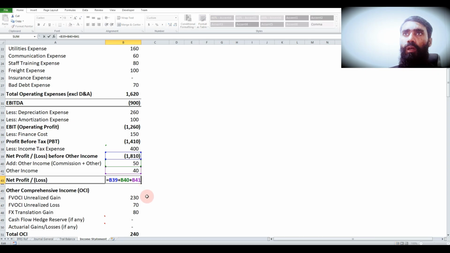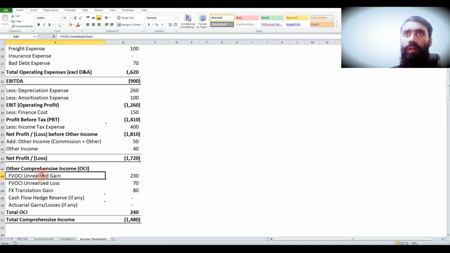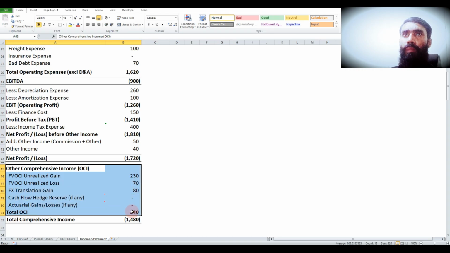Now the total net loss I have 1720. Here the main thing, the IFRS standards require the other comprehensive income in the P&L statement.